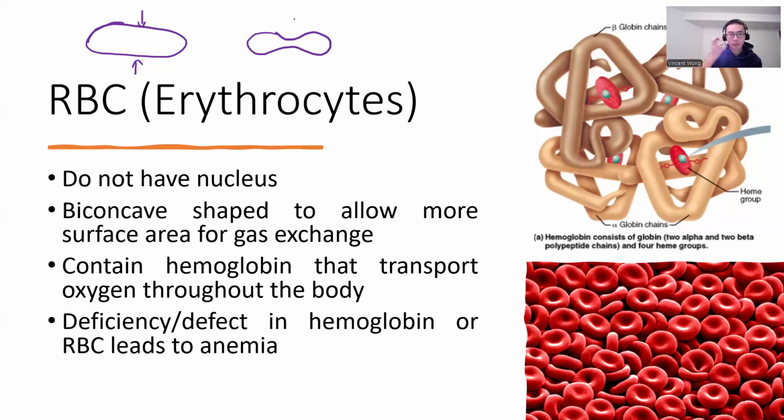It's like a little pinched-in disc. And if you look at it from the top, you can see the indentation. And the purpose of that is basically to increase the surface area for gas exchange. Remember, the purpose of the red cells is to allow distribution of oxygen and actually carbon dioxide throughout the body. Remember, you're not just delivering oxygen.